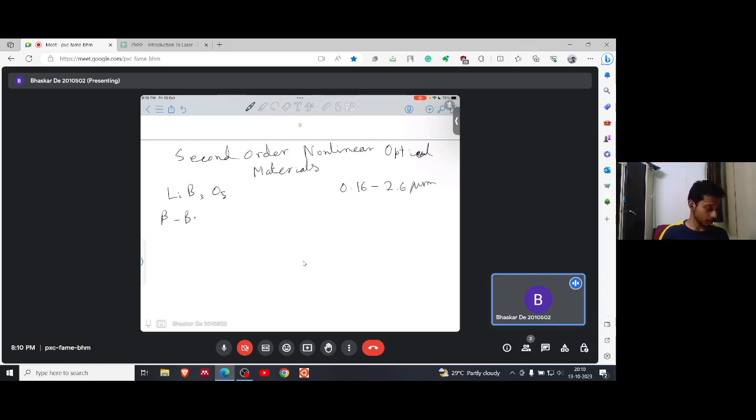Beta BaB2O4, which is the BBO crystal, has a transparency region of 0.19 to 2.5 micrometer. KNbO3 is 0.40 to 5.5 micrometer.